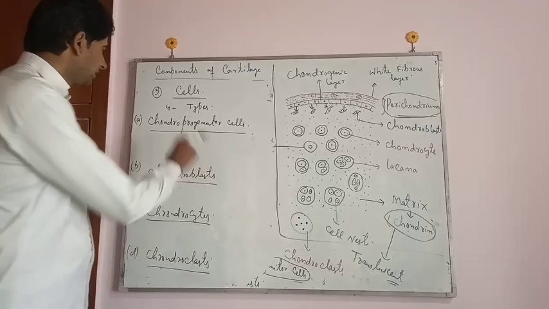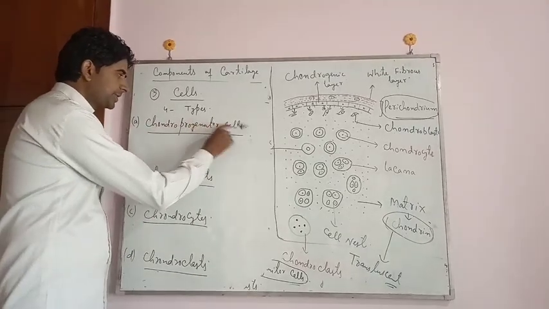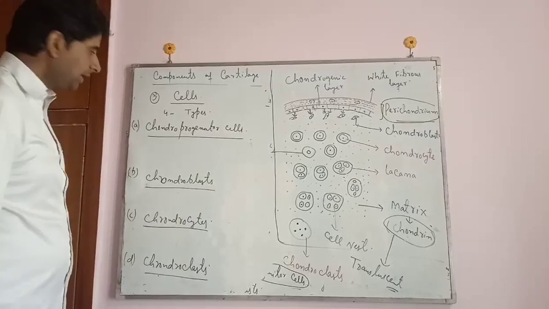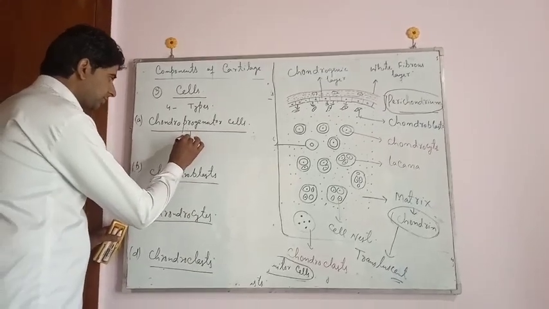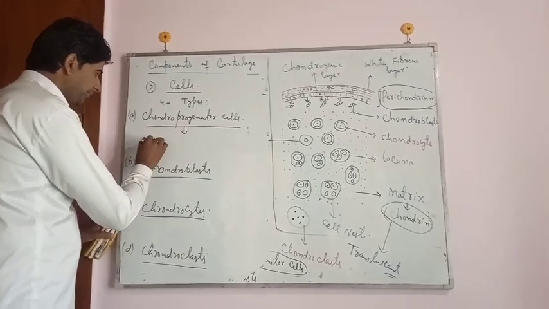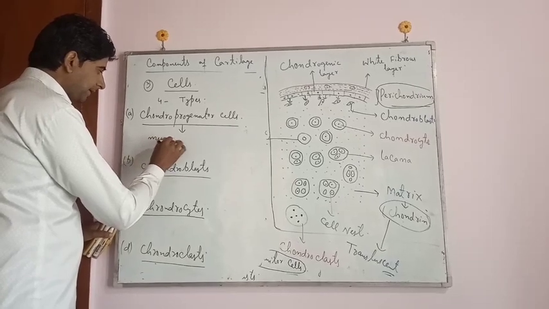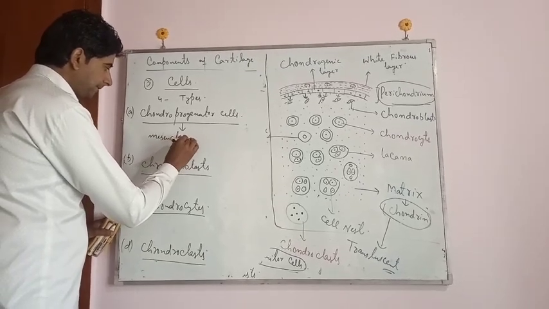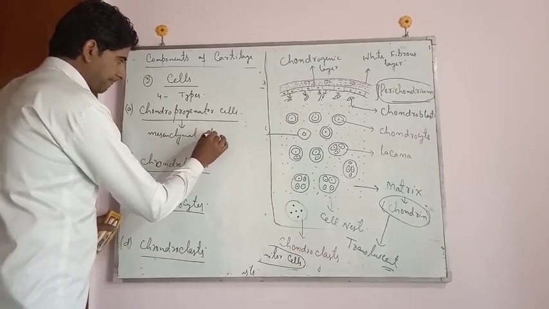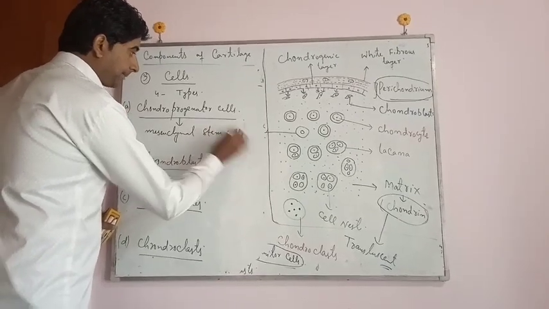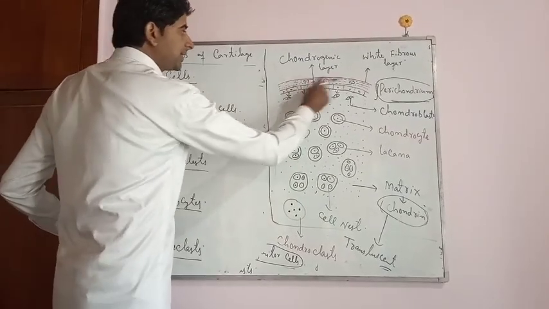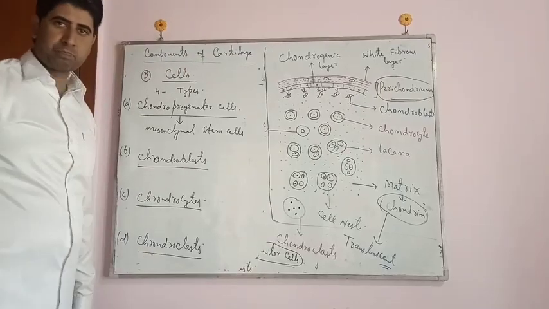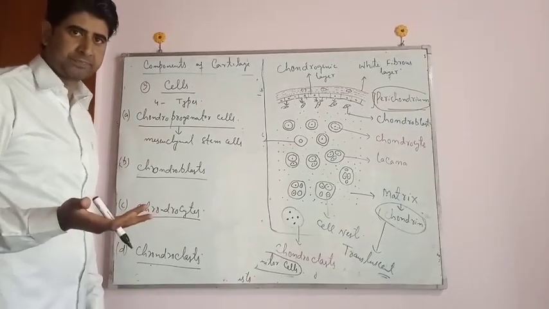So first of all, chondroprogenitor cells. As you know, these chondroprogenitor cells are the mesenchymal stem cells present in the chondrogenic layer of the perichondrium.